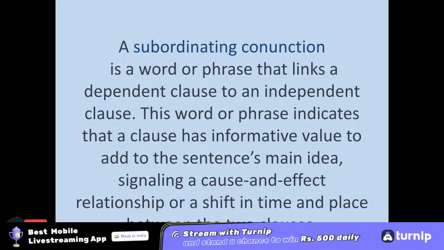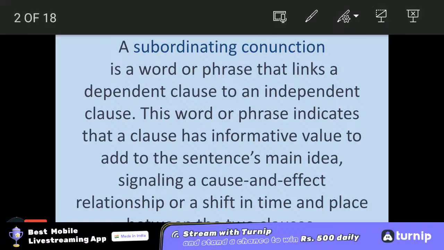Basically, we have two parts in some sentences in which one part of the sentence is dependent on the other. एक part दूसरे पर dependent है किसी ना किसी तरीके से, और जो part dependent है उसे हम बोलते हैं dependent clause, and the part of the sentence which is independent itself, we term it as independent clause. So there are basically two types of clauses, dependent clause and independent clause.